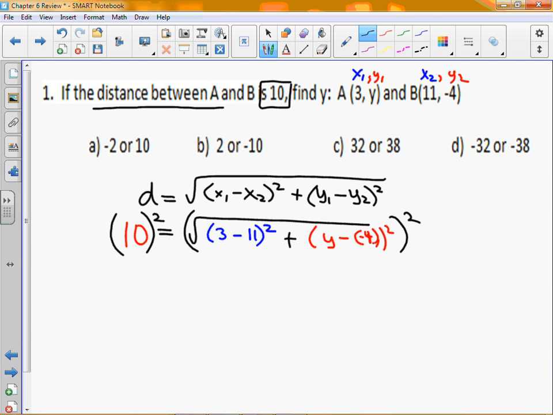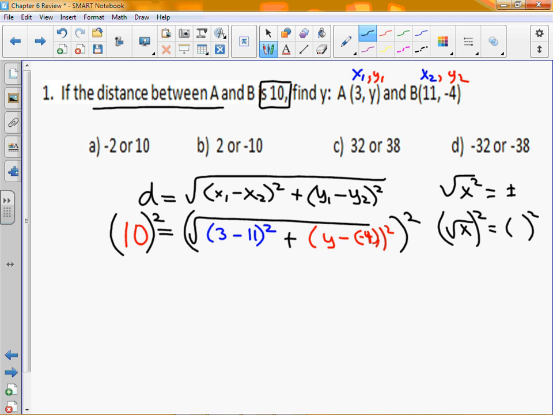To get rid of a radical sign, we talked about this yesterday, if I have x squared and I want to get rid of x squared, I take the square root of both sides, but don't forget to add plus or minus. If I have a square root of something that I want to get rid of, then I square both sides. And the reason I do that is because those two operations are, math term, inverses.